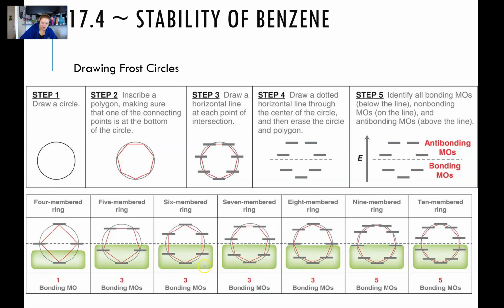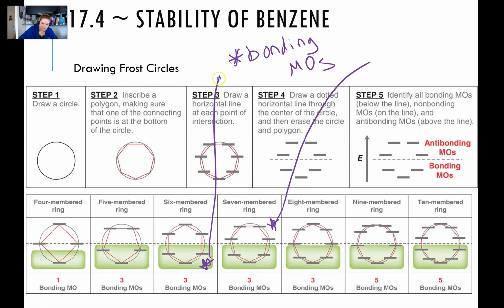So the green down here, those are bonding MOs, and then the white area are anti-bonding, and then the ones that are right on the line, those are non-bonding.